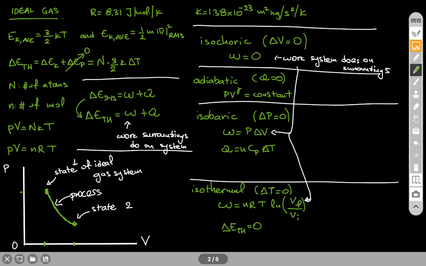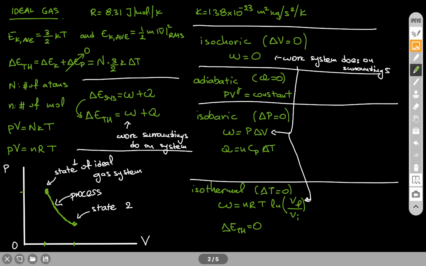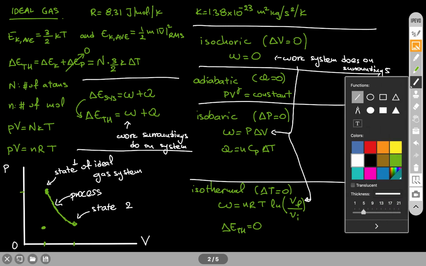If I add one more state, maybe a little bit more to the right, then a cycle means that the ideal gas goes from there to there.